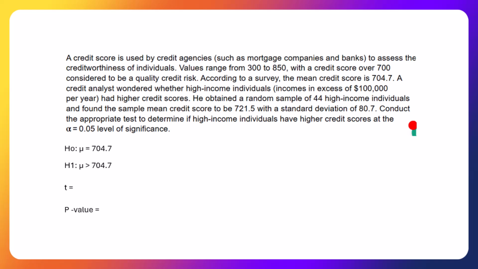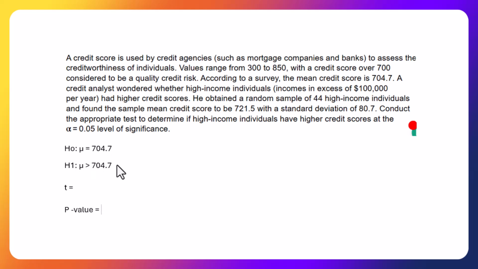Here, because the sample size is more than 30, you don't need to verify the conditions of the test. And if he doesn't ask you, you don't need to do that. So we're going to proceed to stating the null and the alternative. The null should have the equal sign, so mean equals 704.7.